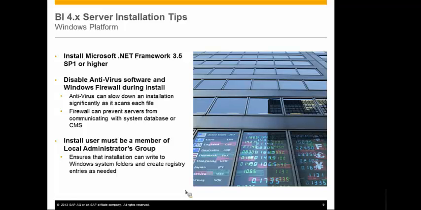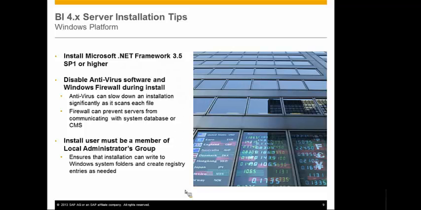Another thing I wanted to draw your attention to is that it's also a good idea to disable the antivirus software while you're doing the installation. Just based on some experience of the past, if you have the antivirus software running in your environment, you could see the installation time go up substantially. It could be as much as 4, 5, and even as high as 10 times when you have the software running.